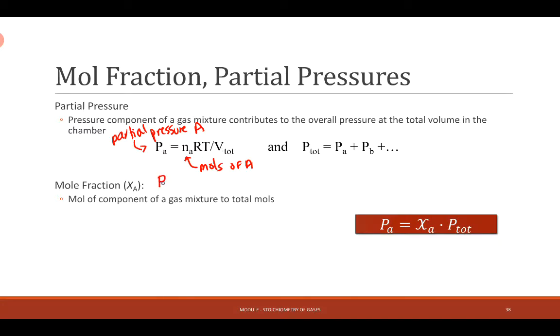We also know that we can solve for P total by adding up the total number of moles times R times T, and then dividing by V total. Because if we took all these different partial pressures, we could add that up. And by adding up all these different partial pressures, we're essentially just adding up the total number of moles.